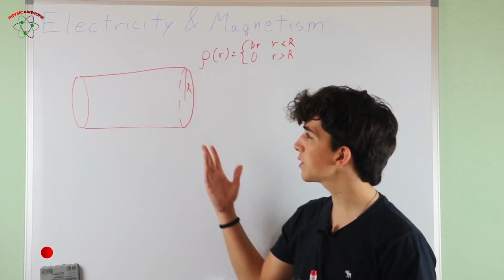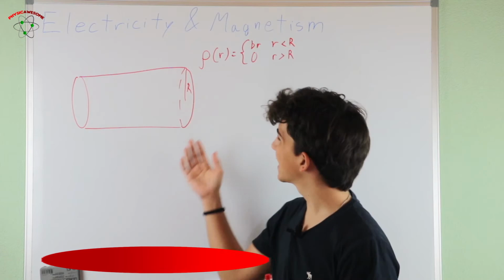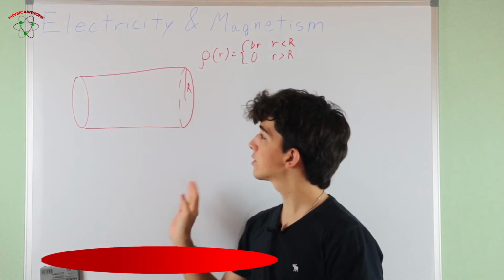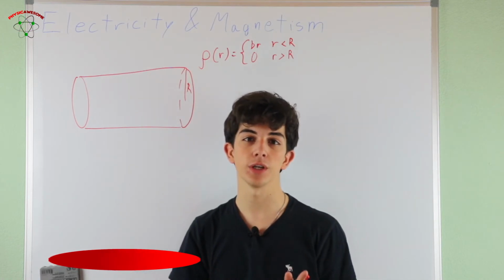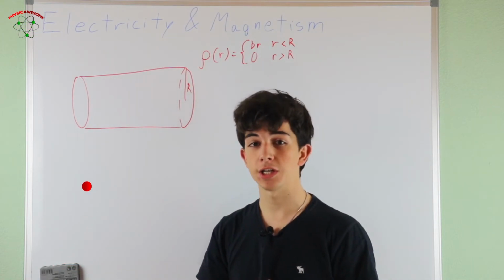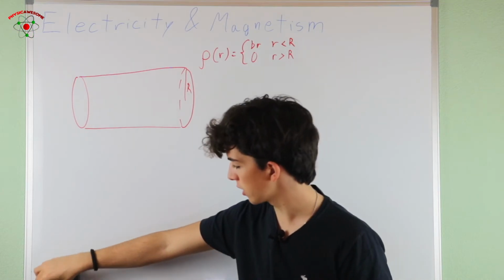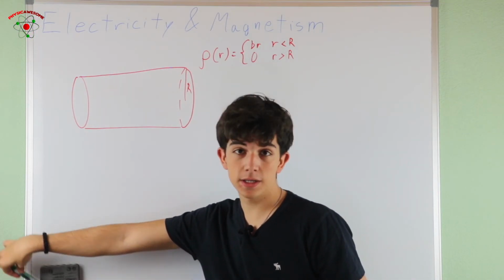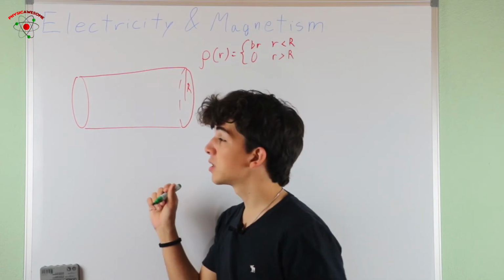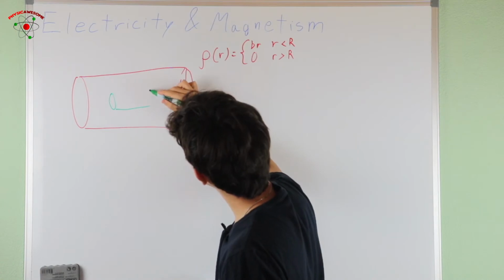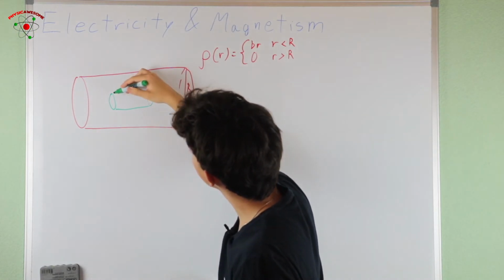Alright, now let's try to explore what happens when the charge density of our cylinder is not uniform. We're just going to explore the inside region because the outside region is pretty straightforward. It's almost the same thing as we did earlier. We will define our same Gaussian surface over here, cylindrical, obviously.